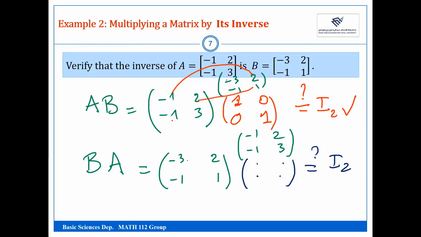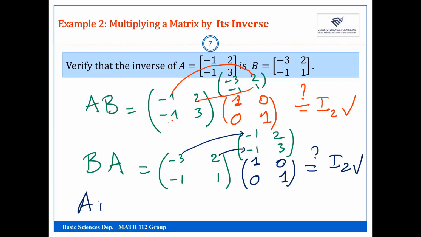To calculate this, you use first row first column. -3 times -1 is 3, minus 2, so 1. -3 times 2 is -6 plus 6, 0. -1 times -1 is 1, minus 1, 0. -2 plus 3 is 1. Yes, it is satisfied.